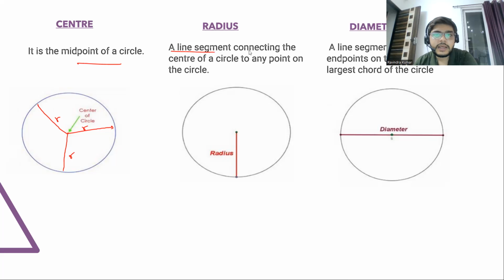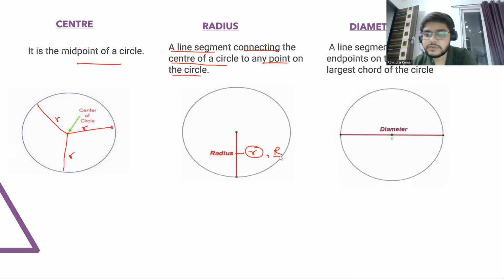A line segment connecting the center of a circle to any point on the circle is called the radius. We indicate it by r, whether capital or small r. There is no fixed rule; you can represent it by either of them.